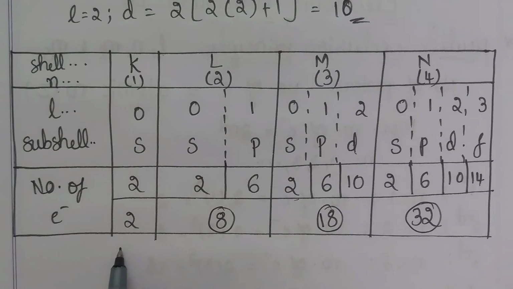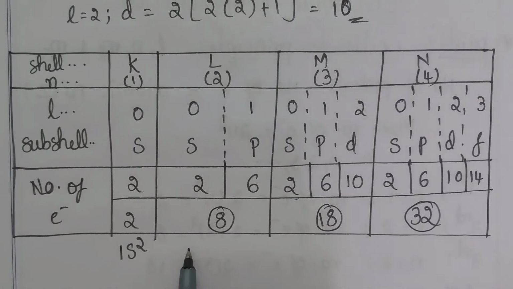We can write the configuration for the K shell as 1s2, pronounced 1s two. For the L shell it is 2s2 2p6.